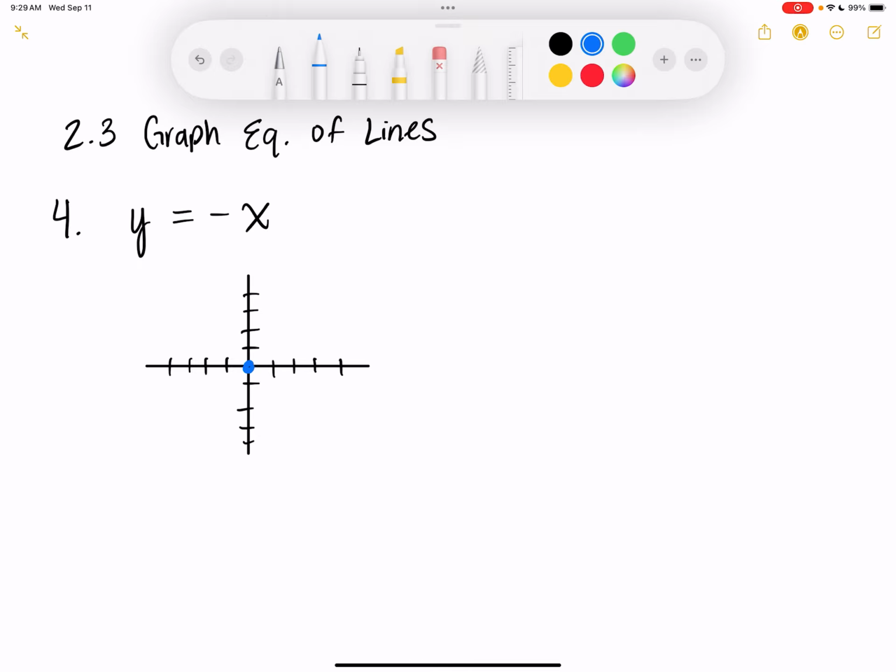That's -1 over 1, which means down 1, right 1. Or up 1, back 1. That's what I'm looking for when I'm asking you what the slope is. I'm looking for you to tell me what to do, not just the number.